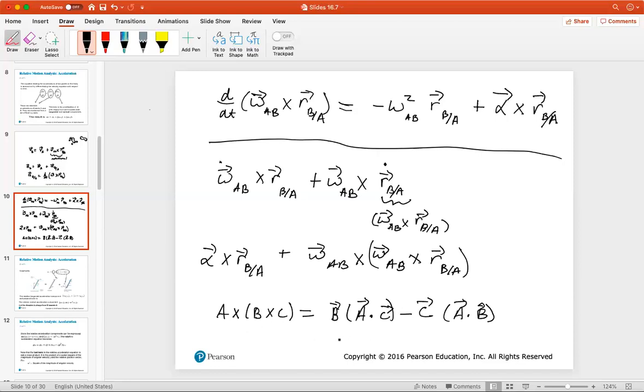All right, so this is true for any vectors A, B, and C. In particular, when I apply this to omega cross omega cross R, notice R lives in the plane, and omega lives perpendicular to the plane in the Z direction. So this becomes omega times omega dot R minus omega dot omega times R.